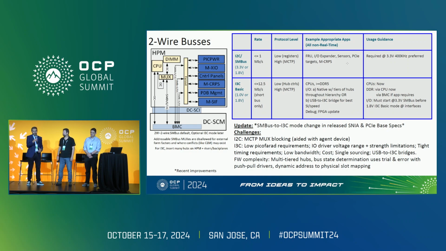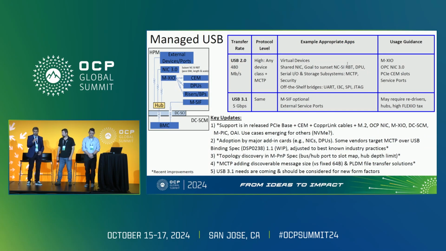That allows you to route the differential pairs with USB and fan out very close to the CAM slots, to the MXIO slots, to all those I/O cards, or even on the card, right? Leverage the PCIe SIG addition of the USB interface and fan out on the card, which is a good segue to the next slide. So USB 2.0 is coming fast.